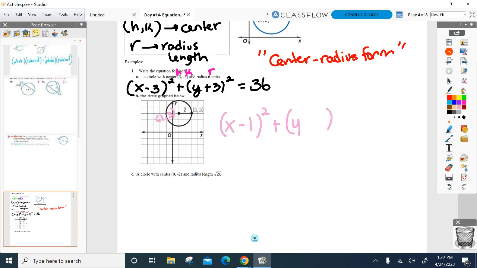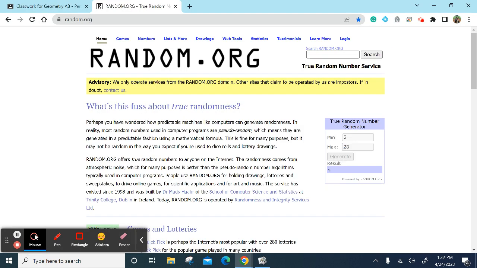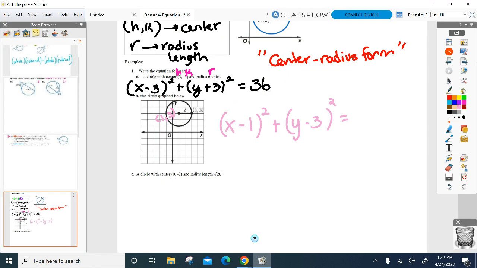So (y minus 3) squared. What's the radius length of this circle? 2. 2 squared? 4. There it is. Done. Don't touch. Don't try to double distribute. We are good.